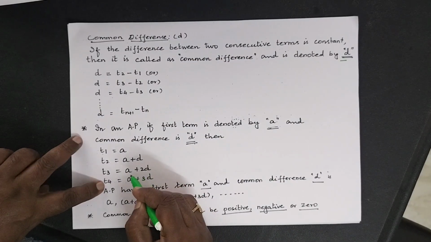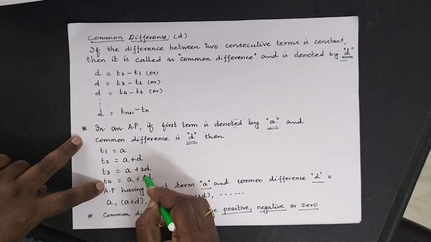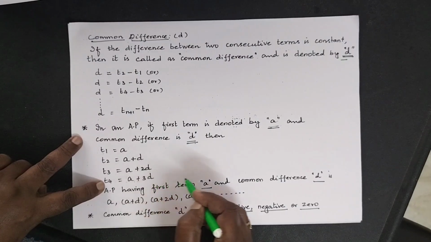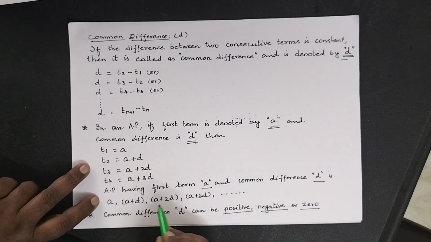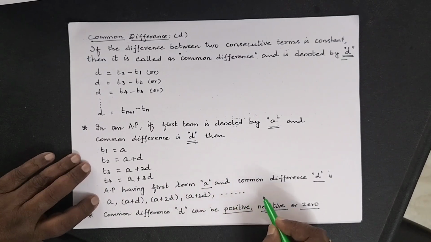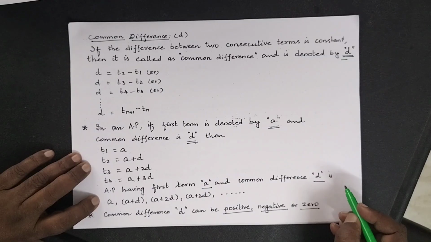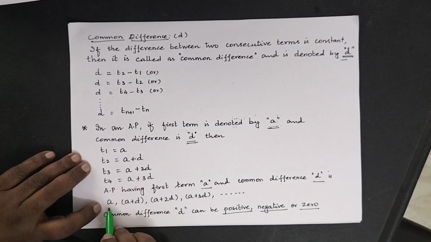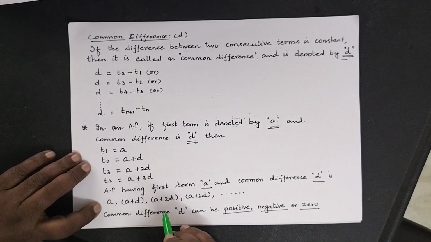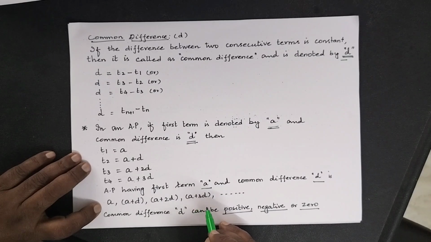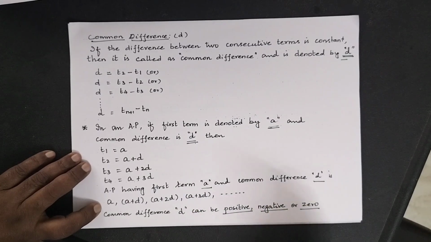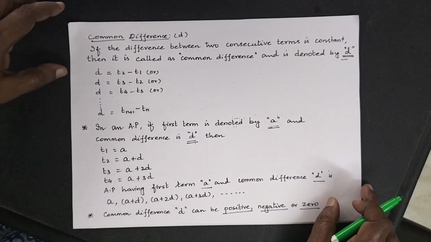Again T4 will be a plus 2d plus d, that will be a plus 3d, and so on. So an AP having the first term a and common difference d is written as a, a plus d, a plus 2d, a plus 3d, etc. Now this common difference can be positive, negative, or 0.